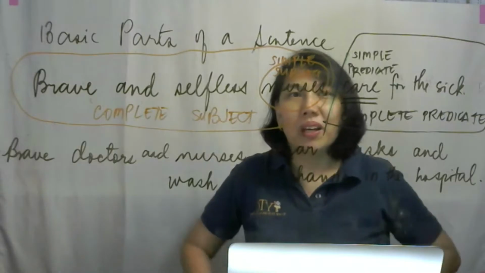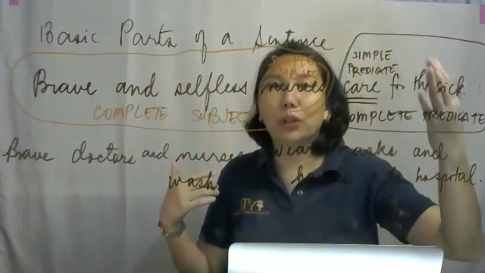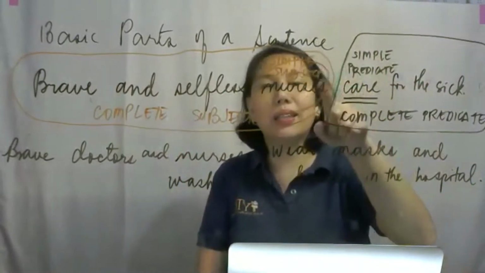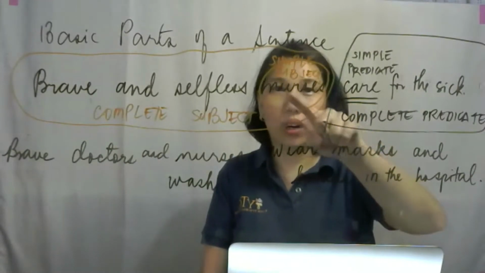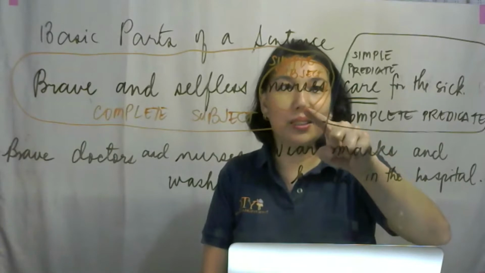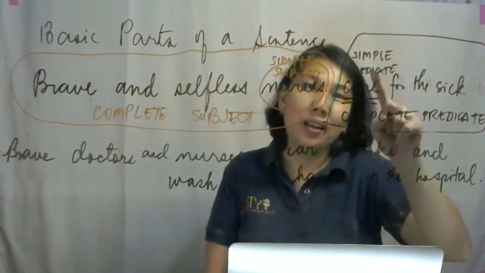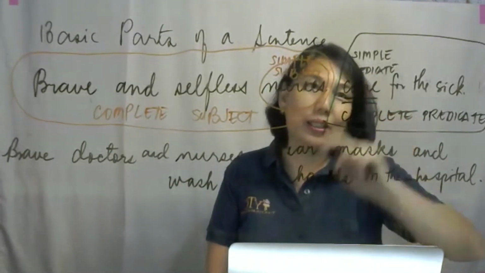I wrote the other sentence here so that you can recall our simple subject and our simple predicate. Notice in this example, you only have one subject, one word, one noun used as subject. And here in the simple predicate, in the same sentence, you also have one verb used as predicate.